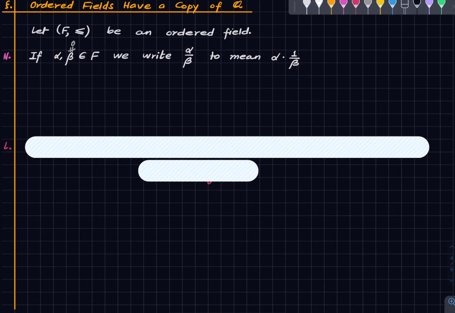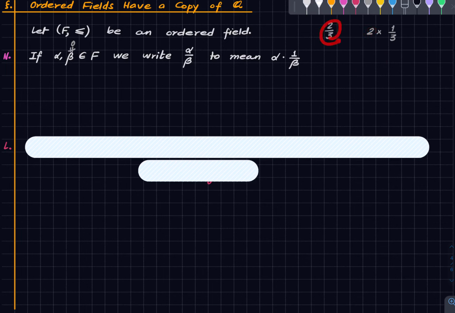So you have a non-zero element beta and some element alpha of the field. We write this to mean that. And this is consistent with the rational numbers. When we have the rational number, for example, 2 by 3, this is an equivalence class, but you can also interpret it as the rational 2 times the multiplicative inverse of 3, where of course 2 means 2 by 1 and 3 means 3 by 1.